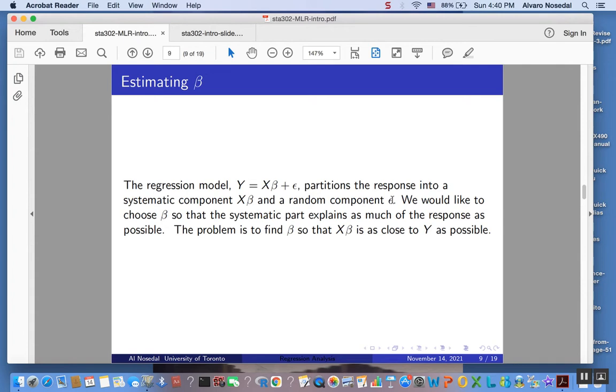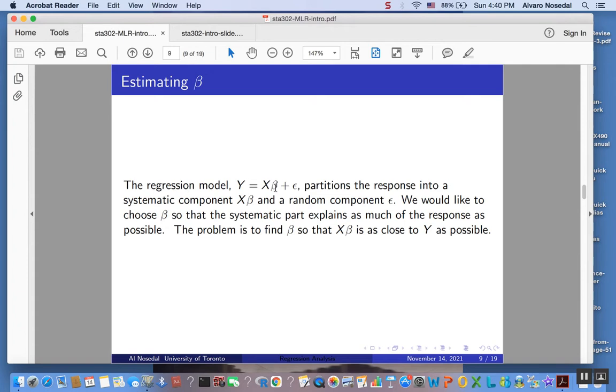And then the idea is, as you recall, we would like our predictions, which would be given by X beta hat, a particular value of the beta vector here. We want that beta hat such that the difference between what we saw, Y, and X beta is as small as possible. That's what we would like to do, minimize that difference.